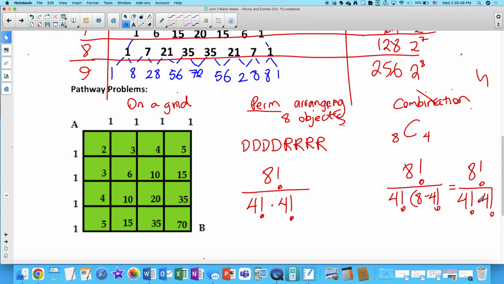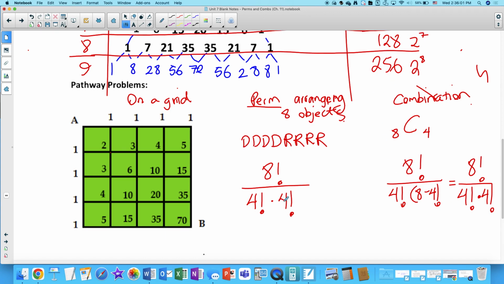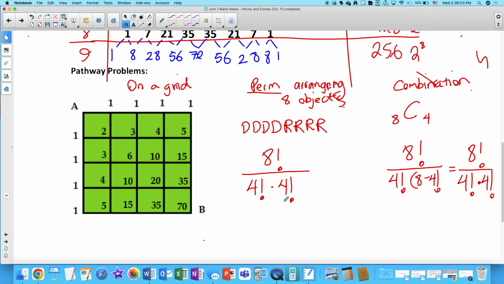So now we have 3 ways of understanding these pathway problems. Now we're going to up the complexity a little bit.